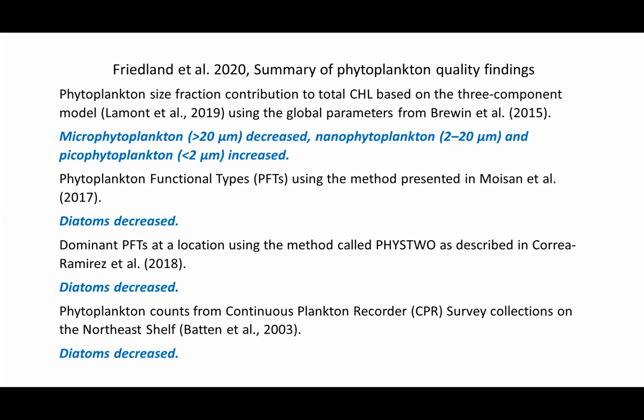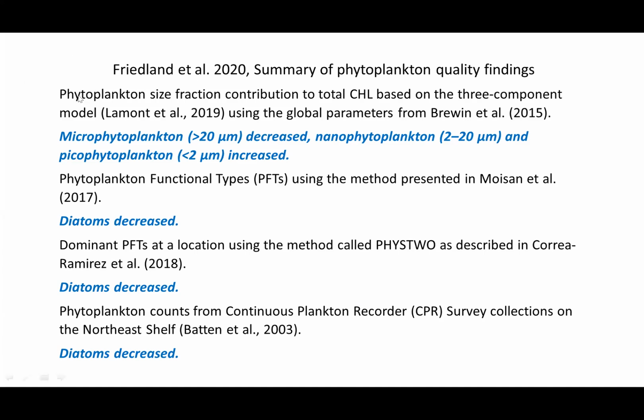In addition to looking at trends in temperature, chlorophyll and salinity, in the same report we did some analyses to quantify the quality of the phytoplankton community, using a number of different models to characterize cell size, but also functional types of phytoplankton.